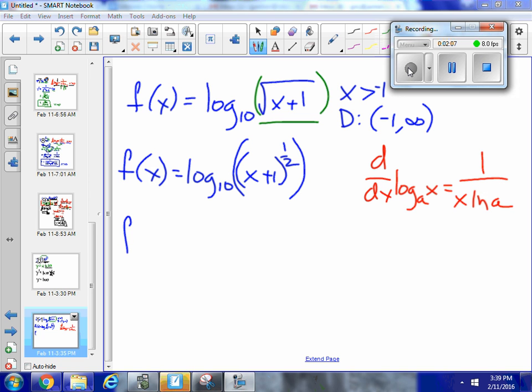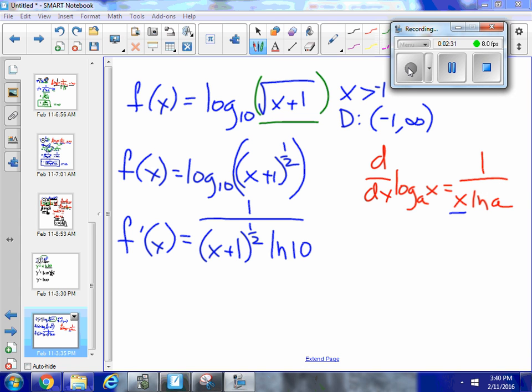So f prime is going to equal 1 divided by, well, my x in this case is my whole argument, so divided by x plus 1 to the 1/2 times the natural logarithm of my base, which is 10.